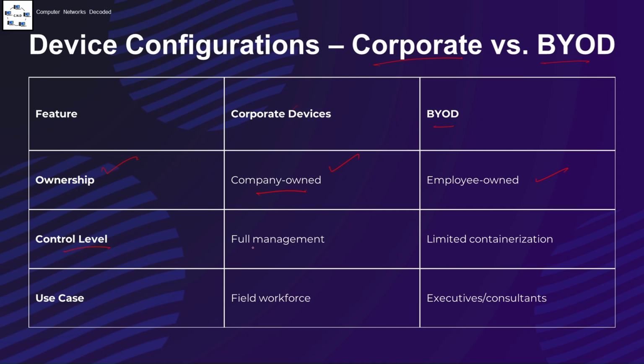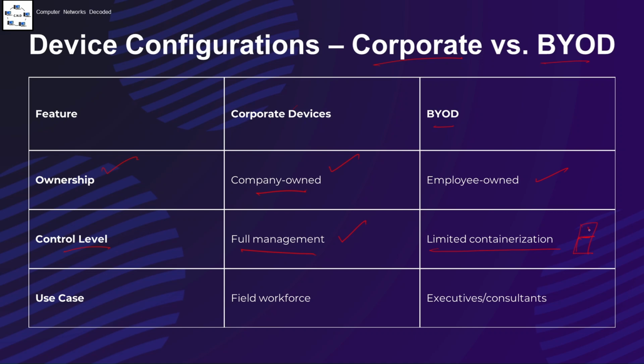When we look at the control level, the corporate devices are basically fully managed through MDM. They have the full management of these devices. While in the BYOD, it has limited containerization. What does this mean? This means that the mobile device is basically divided into two containers.